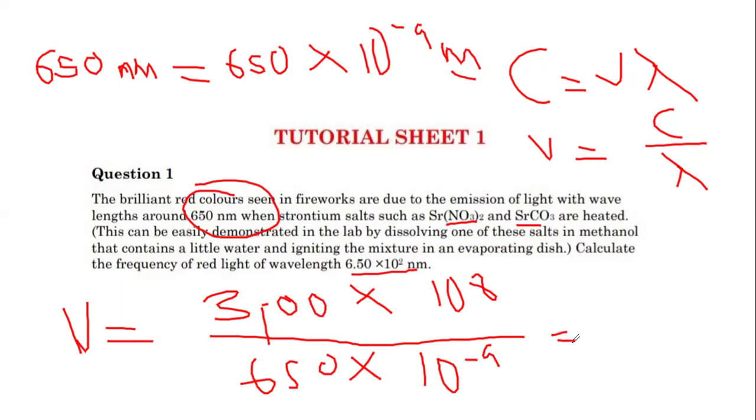Let me see. Okay, so I have 3.00 times 10 to the power 8. And then we are dividing that number with what?